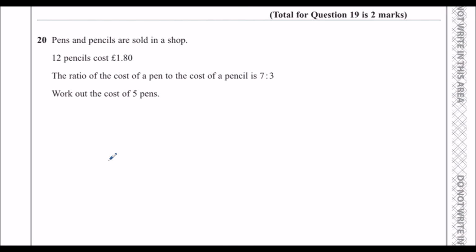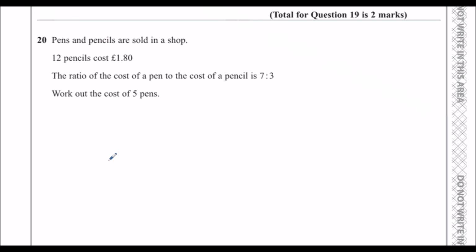Question 20. Pens and pencils are sold in a shop. 12 pencils cost £1.80. The ratio of the cost of a pen to the cost of a pencil is 7:3. Work out the cost of 5 pens.